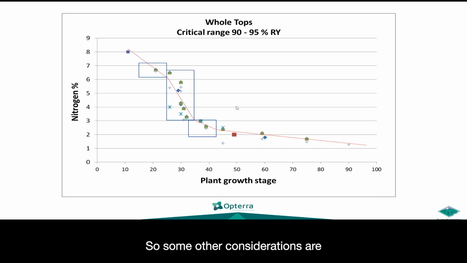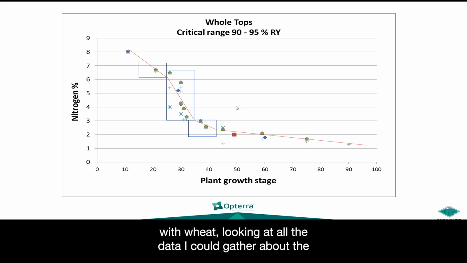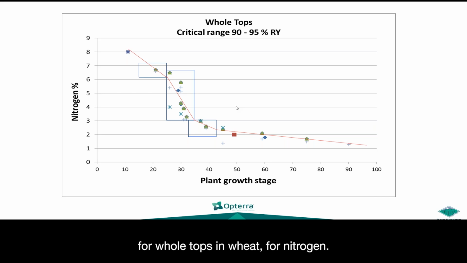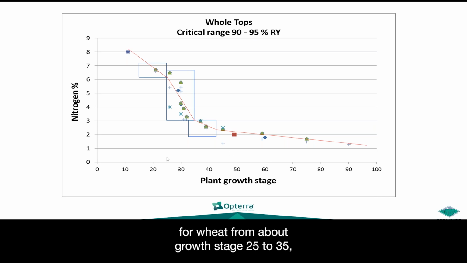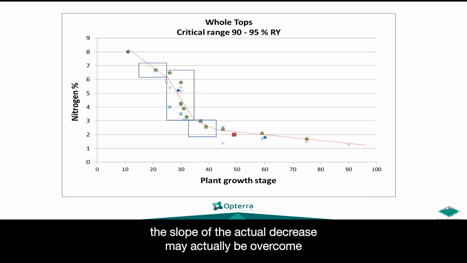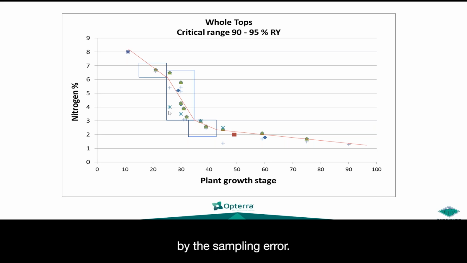So some other considerations are looking at which plant part, and this is a plot of some work I was doing with wheat, looking at all the data I could gather about the critical ranges for whole tops in wheat for nitrogen. And you can see one of the concerns I have is if someone actually picked whole tops for wheat from about growth stage 25 to 35, the slope of the actual decrease may be overcome by the sampling error.